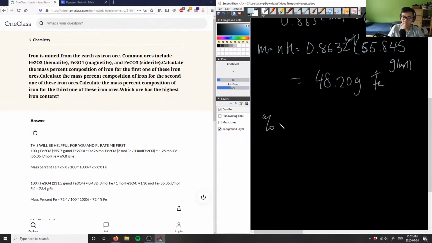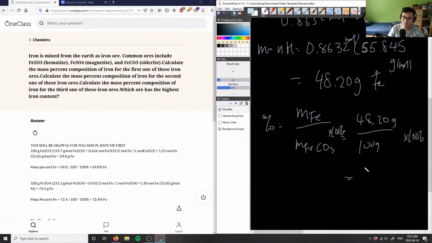And then we figure our mass percent is equal to our mass of Fe divided by the mass of our FeCO3, which is 48.20 grams divided by 100 grams times 100%. And this is going to equal 48.20%.